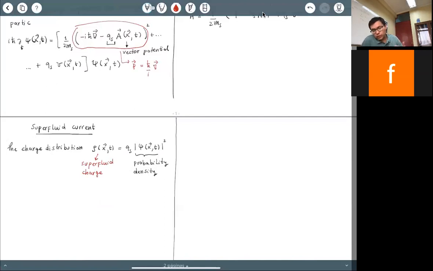Of course, this superfluid charge includes a very large background of Cooper pairs that compensates the charge of the ions in the lattice, the structure. Okay. So, of course, as we know already, we are assuming this charge density is, roughly speaking, homogeneous, so that we have charge neutrality in our superconductor.